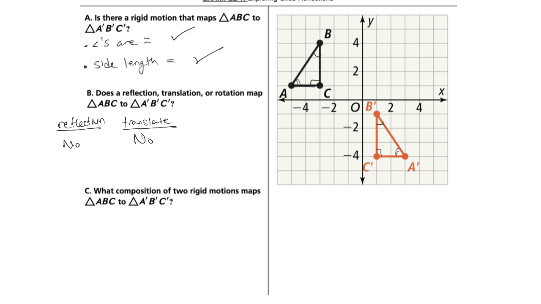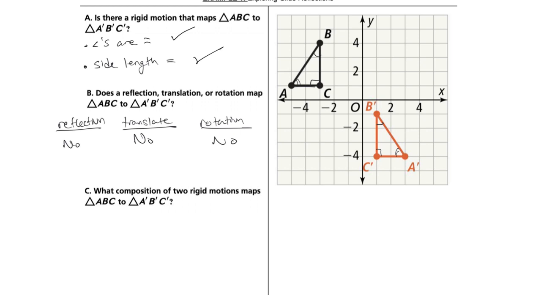No, because obviously you can see A is flipped over to the other side. And then rotation, the only rotation that would really work is 180 degrees, but that would put our B prime somewhere down here. So no, we can't do a rotation. So there's no one single rigid motion that can map our ABC to A prime, B prime, C prime.